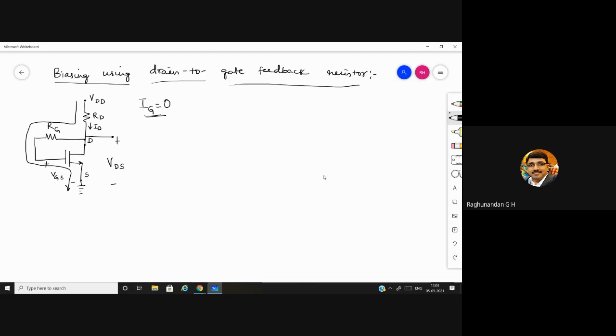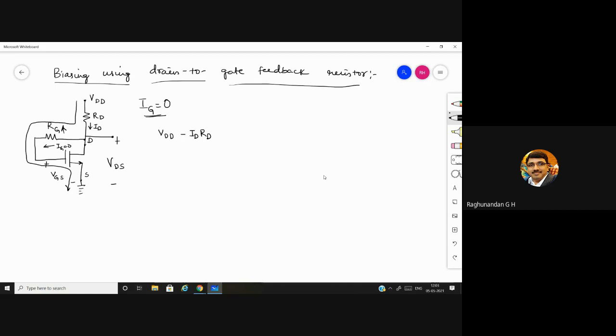If you apply KVL to this loop, we will be getting only VDD minus ID RD. What is the current through this? It will be 0, because since the resistance is maximum, the current here is considered to be 0. It will not be exactly 0, but it will be very negligible, which makes the voltage drop across this as 0.